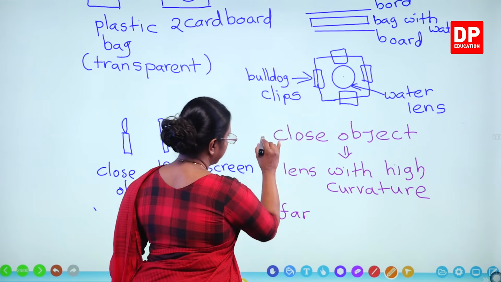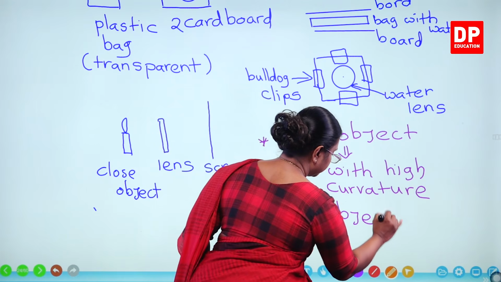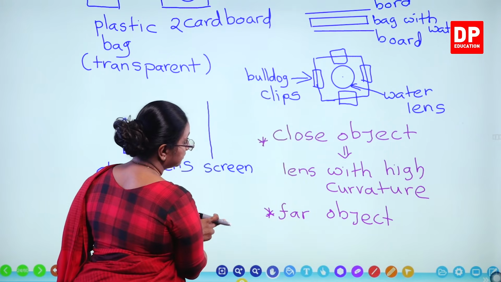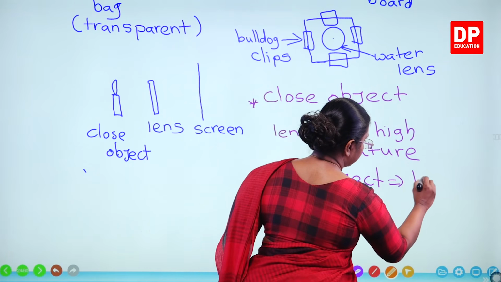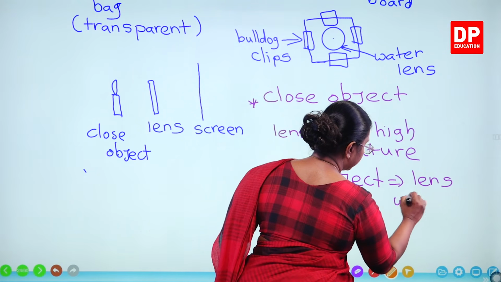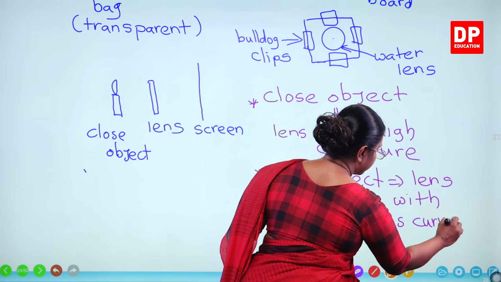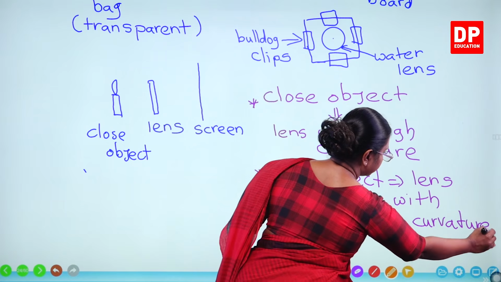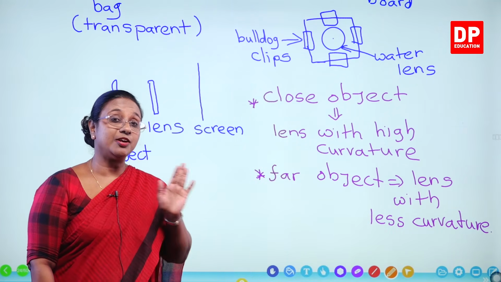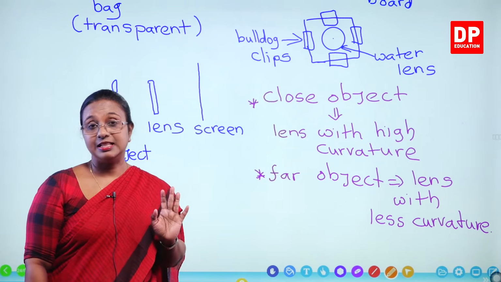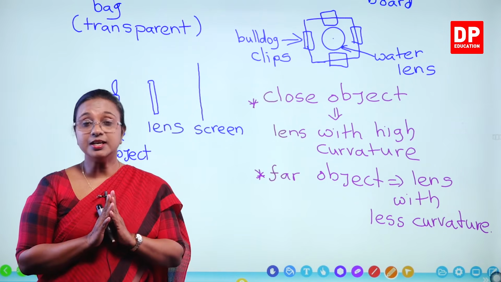And for a far object, you need to have a lens with less curvature. So again, the same observation like what we got for the activity in the lab. So is it clear to you all now? I am sure it is.